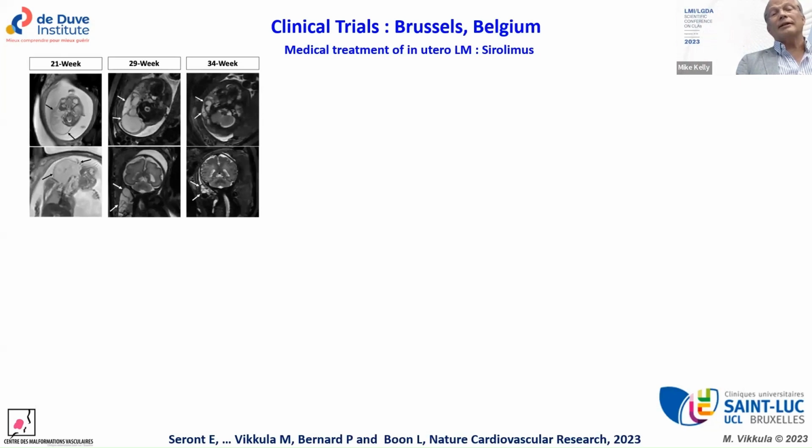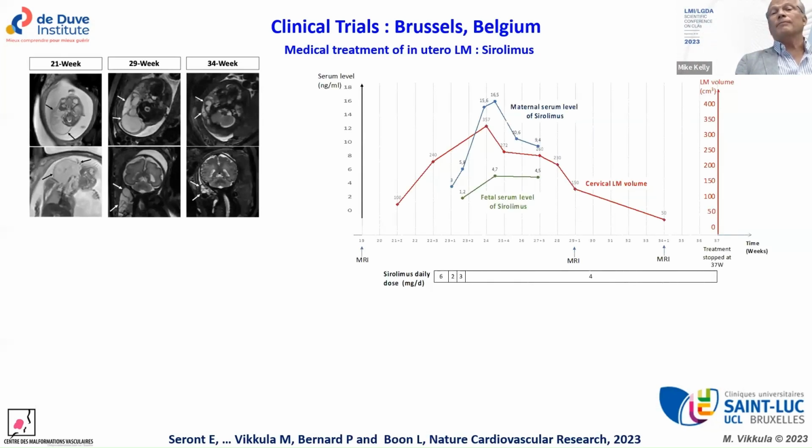But we decided, after long discussions with the parents and also the ethics committee, to start the sirolimus via the mother. And you can see in blue how the maternal levels of sirolimus slowly went up. And this also was then followed by the fetal serum levels going up. About 1/3 went to the umbilical cord blood.